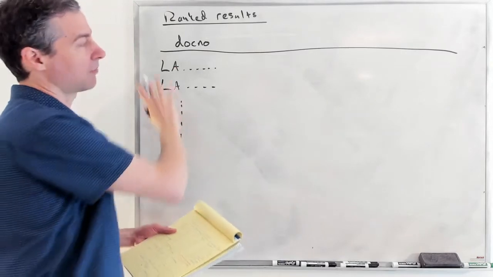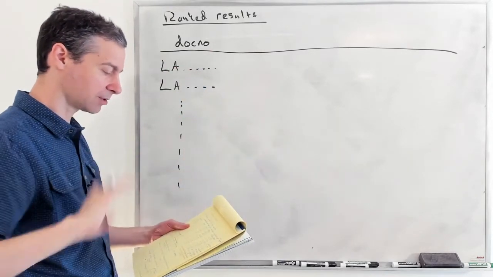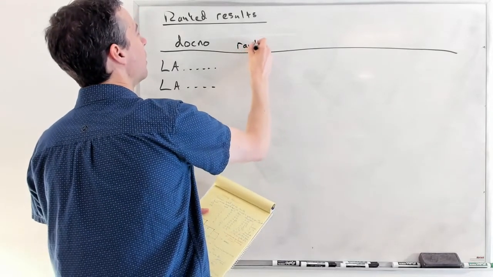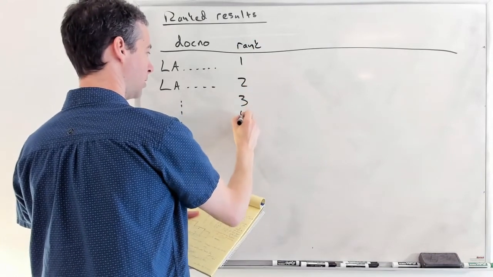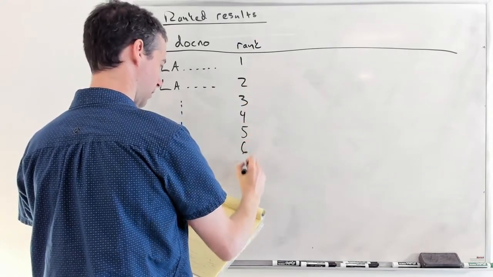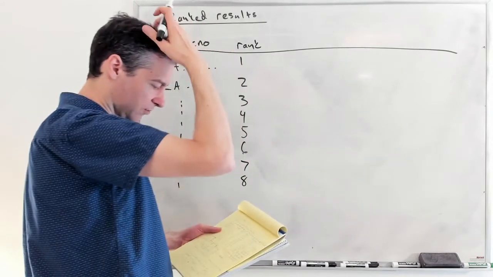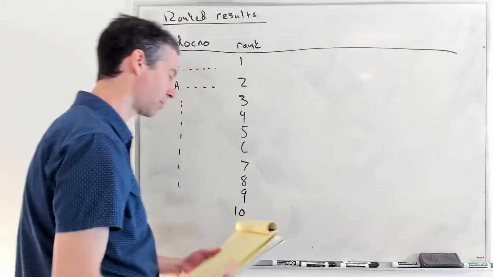But I'm not showing you really the ranked results format file. This is another representation of it, so don't get those confused. So this is at rank 1, 2, 3, 4, 5, 6, 7, 8. All right, let's look at those first 8 now. And actually, I'll just go ahead and write 9 and 10 to make us all happy.